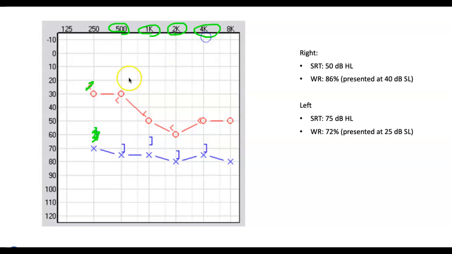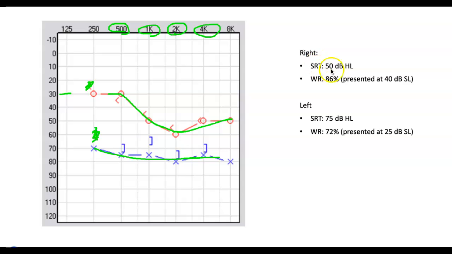I said masking, but we don't normally do bone conduction at 250 hertz. So in the right ear here, you have, let's say, a mild sloping to moderately severe sensory neural hearing loss. And then in the left ear, you have a severe, flat sensory neural hearing loss.